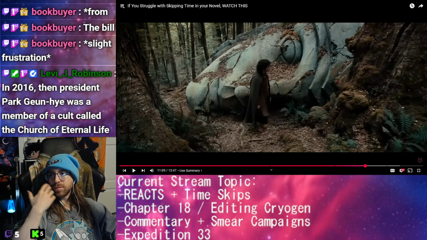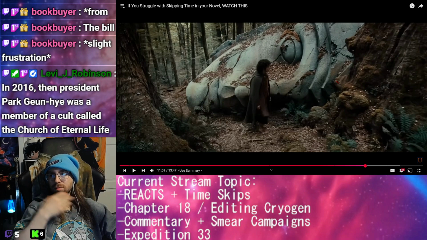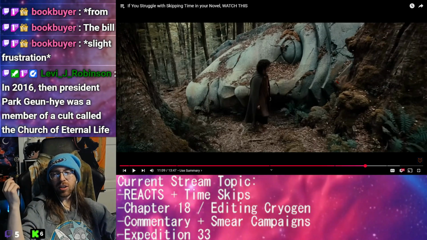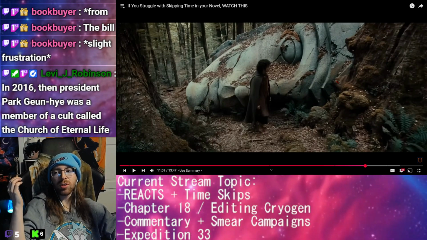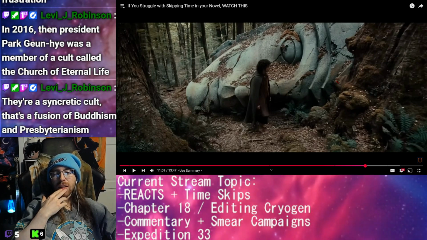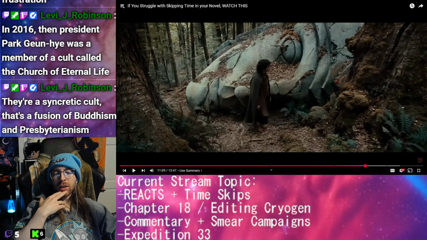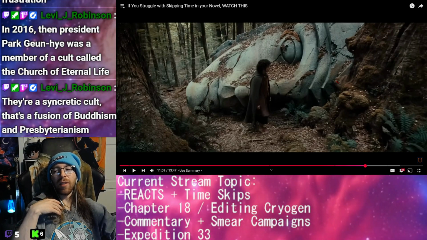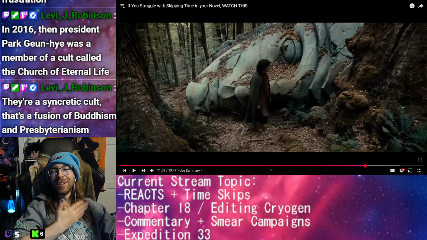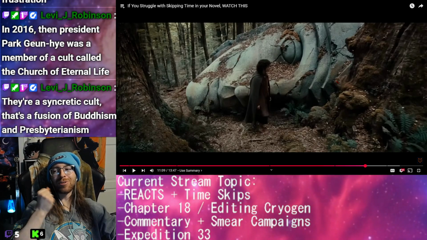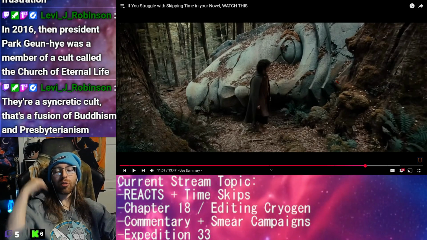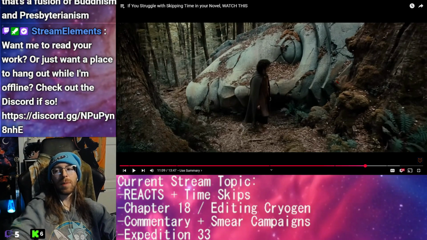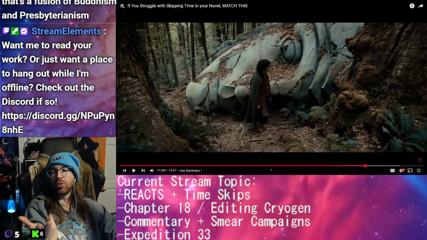But I consider a lot of religions to be a cult. So, syncretic cult, it's a fusion of Buddhism and Presbyterianism. Yeah, see, Levi, that seems almost reasonable. Like I said, religion and politics in and of themselves have a very strong pull to cultist type stuff. People on the left are so against people on the right. It's like the people on the left are a cult and the people on the right are a cult. And the people in the middle are just normal.